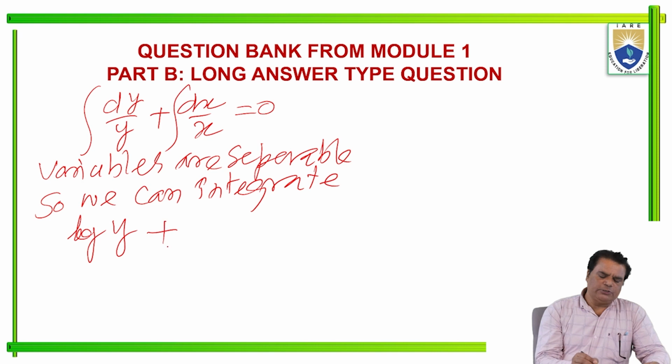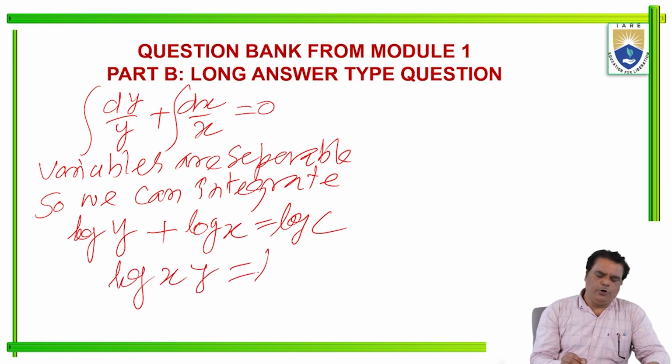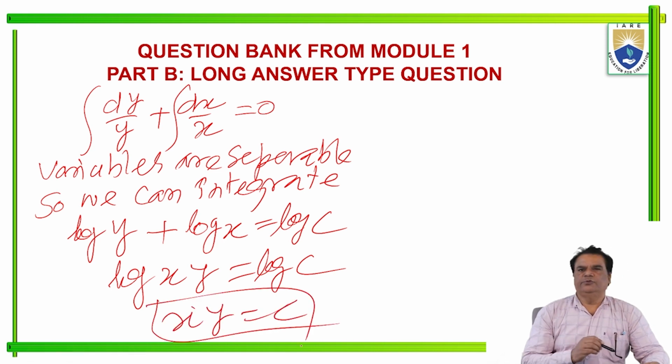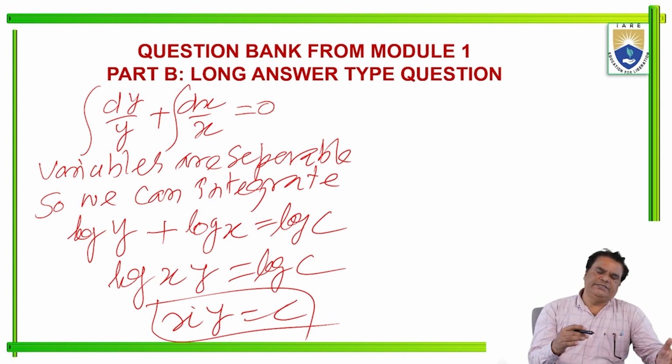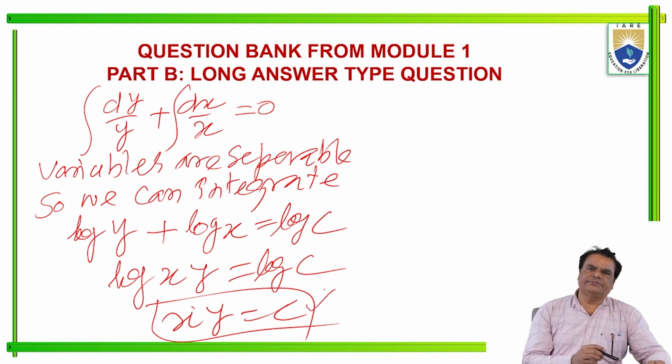Then log y plus log x equal to log c. So here log xy equal to log c. So xy equal to c. We get this family of the given next curve. So curve first is the orthogonal trajectory of curve second.